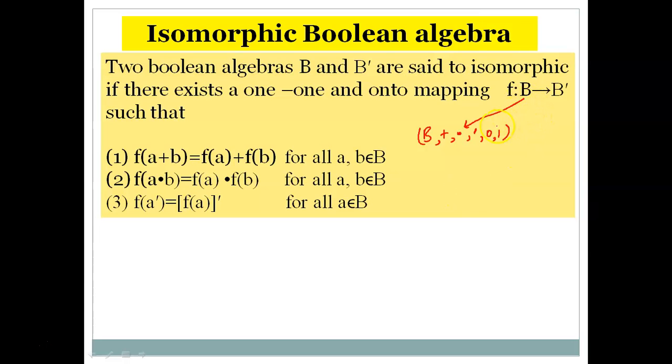Similarly, this B dash also has a similar configuration: plus, dot, complement, 0 and 1. So in this idealistic situation, the definition is given that B and B dash will be isomorphic.